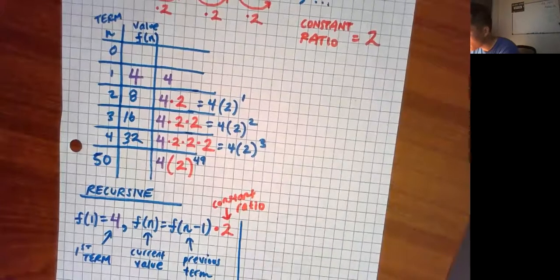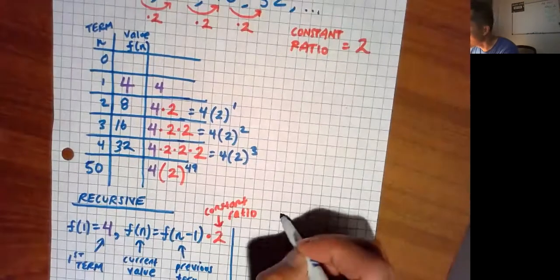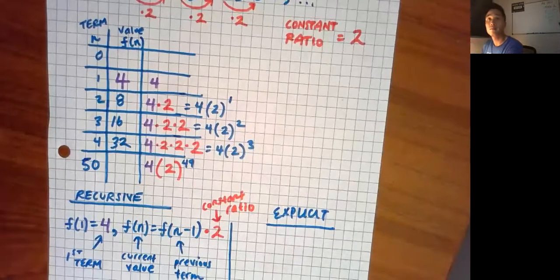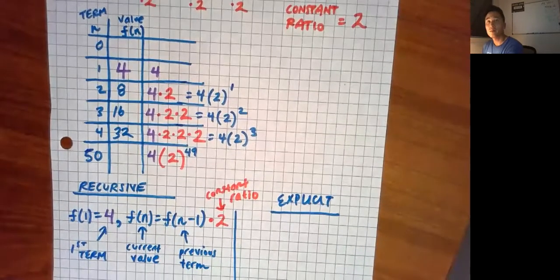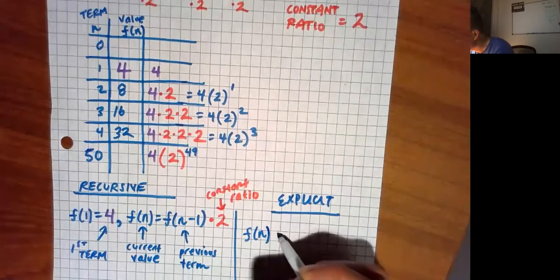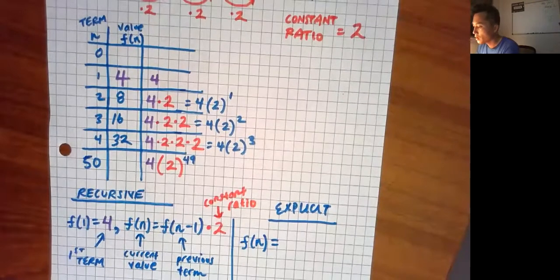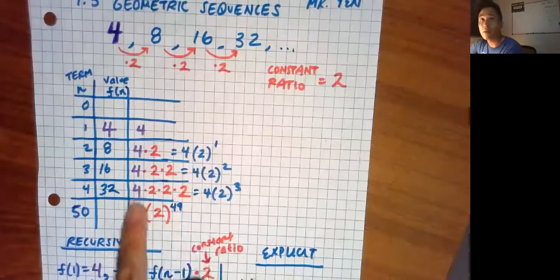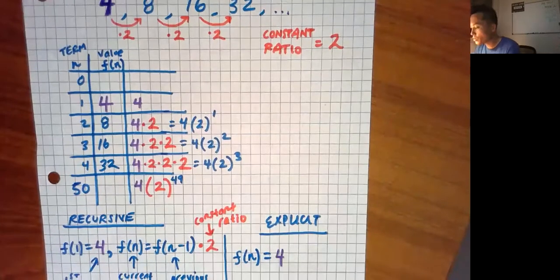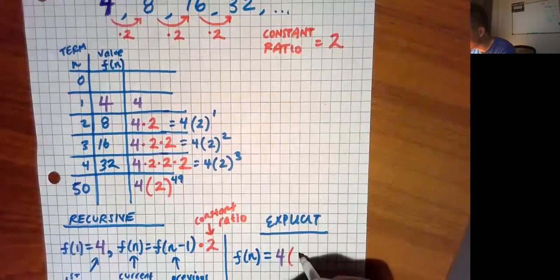Now let's talk about the explicit function. F of n, the term value, is equal to. Now here's where we're going to use this kind of structure that we have in our table here. We know that we started with 4, and then we multiplied it by our constant ratio of 2.